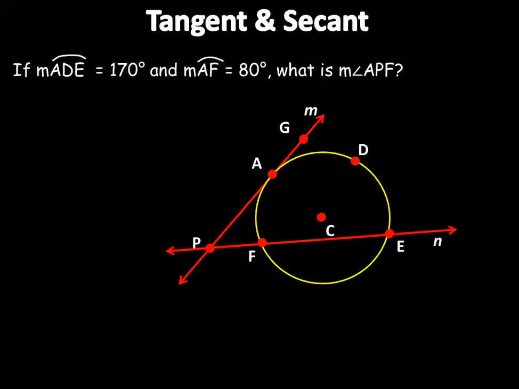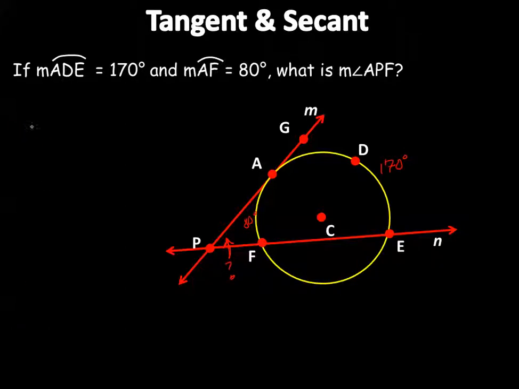Okay, if the measure of arc ADE equals 170, and the measure of arc AF equals 80, what is the measure of angle APF? I keep forgetting the important information. So there's 170 degrees. This arc over here is 80 degrees, and we want to find out what the measure of that angle is.